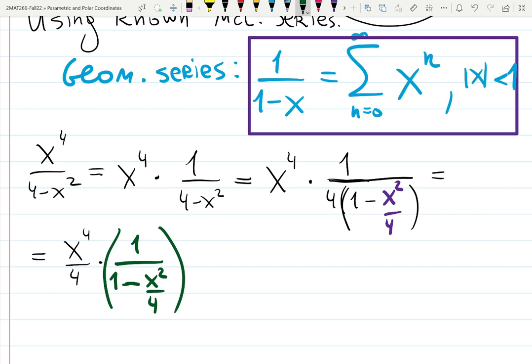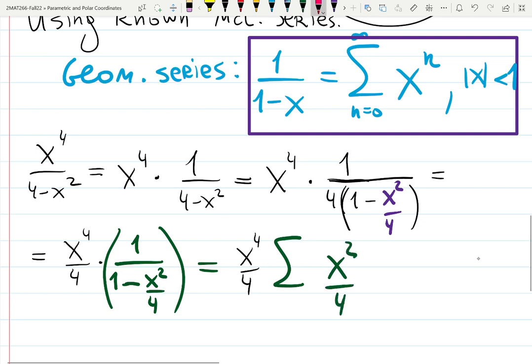This exactly matches the idea of 1 over 1 minus input equals the sum of input to the n. So x to the 4 over 4, times, and now you have a sum. Input x squared over 4 is the new input, to the n, from 0 to infinity.